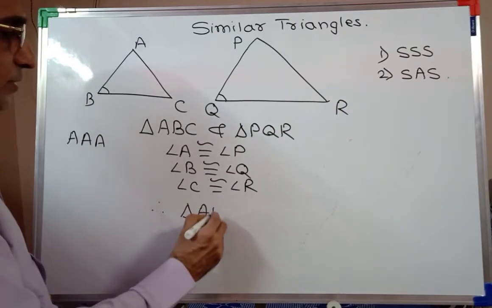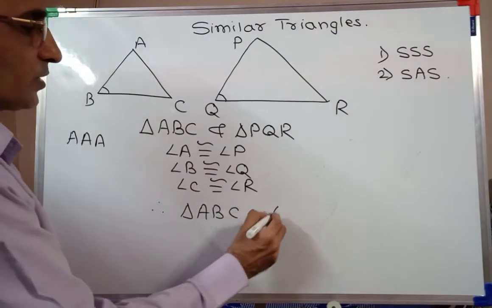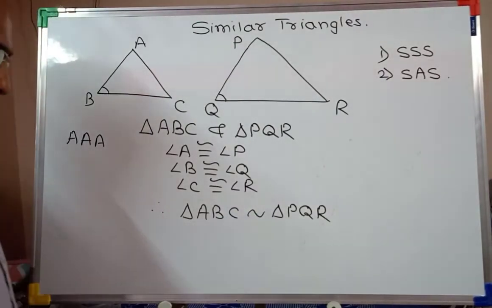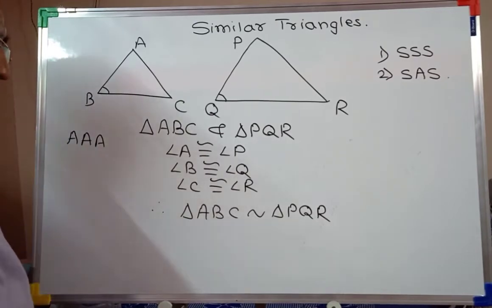Triangle ABC similar triangle PQR. It is called the AAA test.